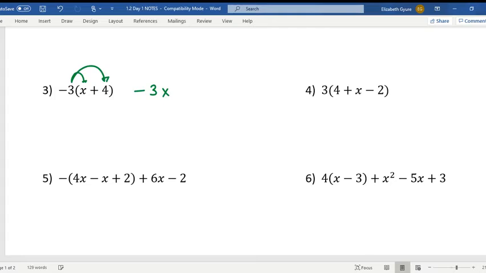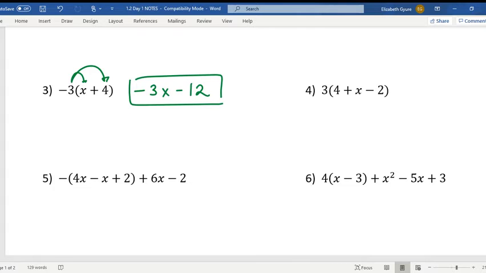And negative 3 times 4 is going to give you, negative times a positive is a negative. You're adding. We're multiplying here. Yeah, when you distribute, you're multiplying. So 3 times 4, right, would give you 12. In this situation, negative 12.